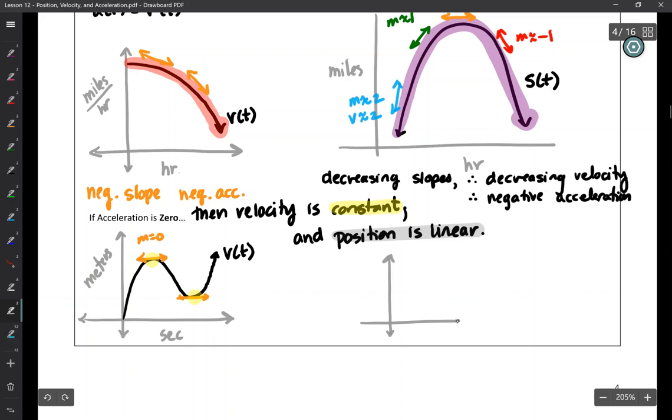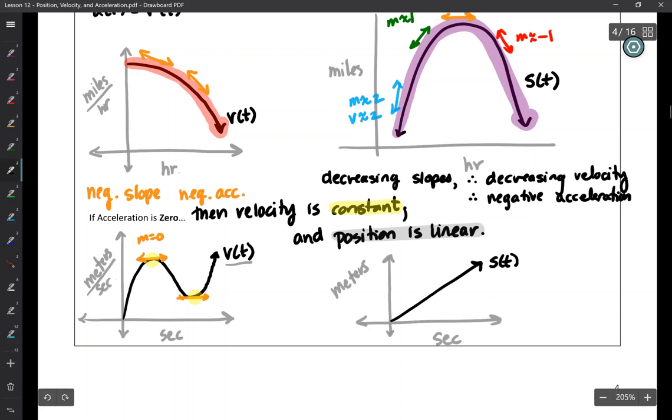Let me show you something. I'm going to graph position, so I care about time units, like seconds, and distance units, meters. All of these functions are nice and smooth and continuous. Here's my position function.